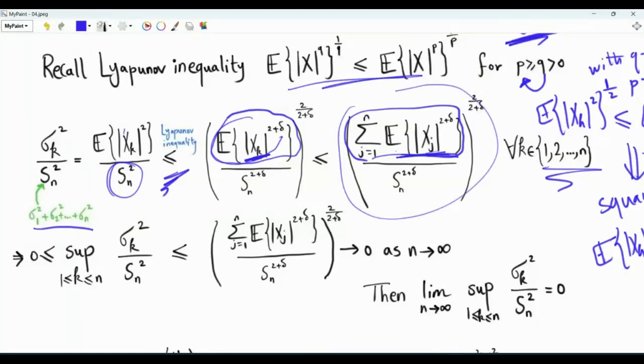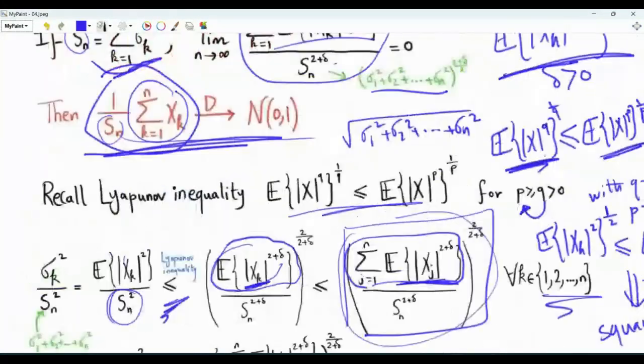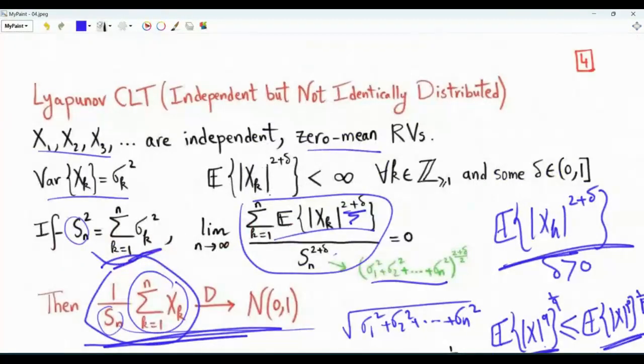Now this is an upper bound that does not depend on k. So we can take the supremum of both sides, and so the supremum of sigma k squared over k from 1 to n divided by Sn squared is less than or equal to this quantity here. If you look at this quantity, it is this mysterious quantity that appears in the statement of the Lyapunov central limit theorem.